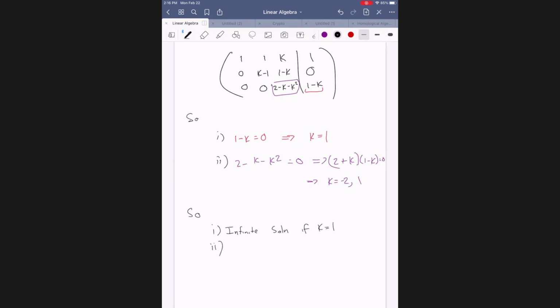Okay, 2. When do we have no solution? When you have a non-zero thing and a 0? Like, sorry, no. Yeah, exactly. But why?